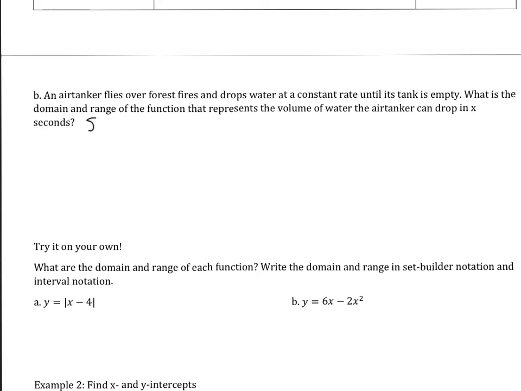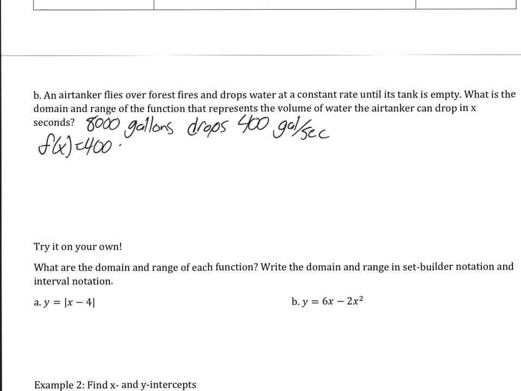So one thing I just want to make sure we know, 8,000 gallons is how much the air tanker has, and it drops 400 gallons per second. Okay, so thinking about this, we could say f of x equals 400x. So that would be one thing.